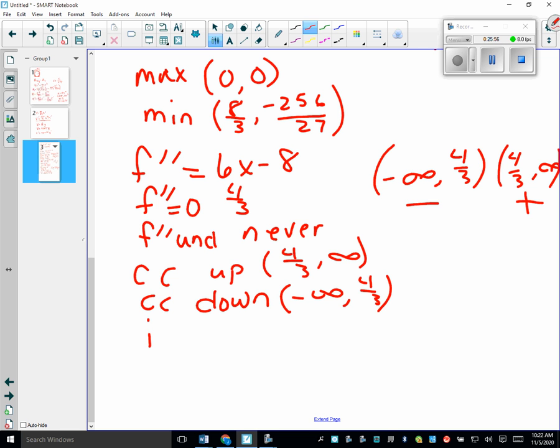Now, what is my inflection point? Where does it change from up to down or down to up? 4/3, and how do I find y? Plug it into the original.